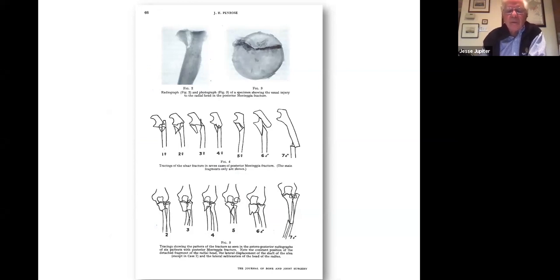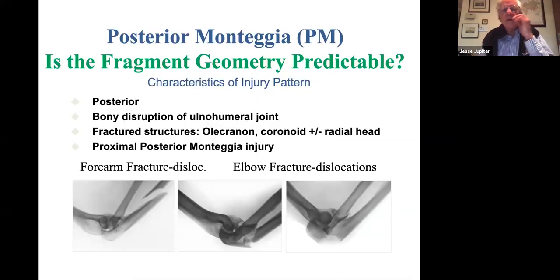And it took him a while until he made a little notch in the proximal ulna and then identified it. So is the fragment geometry predictable, is what Dr. Mudgal was questioning. Well, not all of these are fracture dislocations, and some involve more the forearm than the elbow itself.